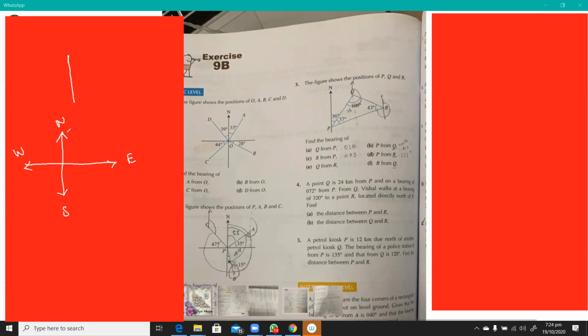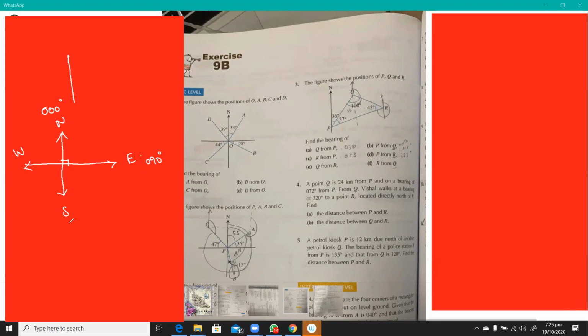Something which is towards the north is also called a bearing of 000 degrees. When something is exactly in the east direction, this is called due east, and this is going to be a bearing of 090 degrees.